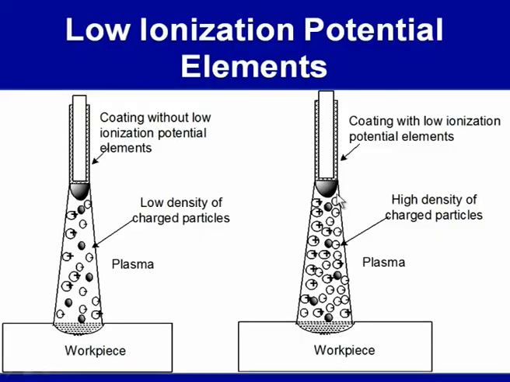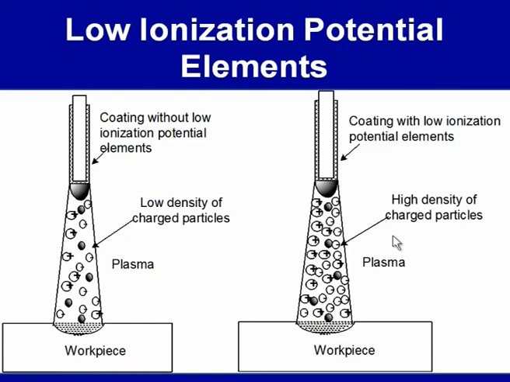While in case the low ionization potential elements are used with the coating materials, these elements provide easy release of the free electrons and the charged particles in the arc gap, and the increased density of the charged particles in the arc gap facilitates the easy flow of the current through the gap and thereby helps to maintain the arc easily even when AC current is used.